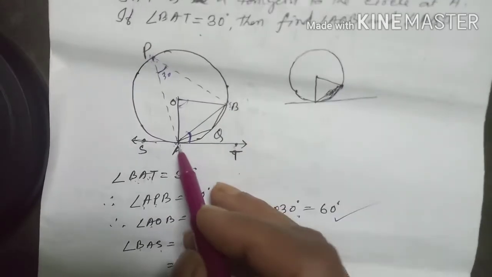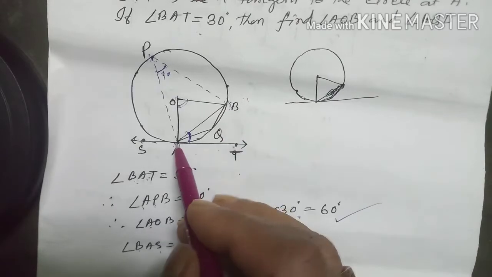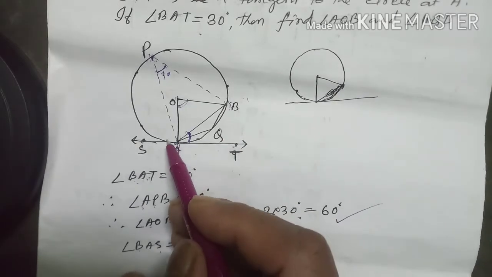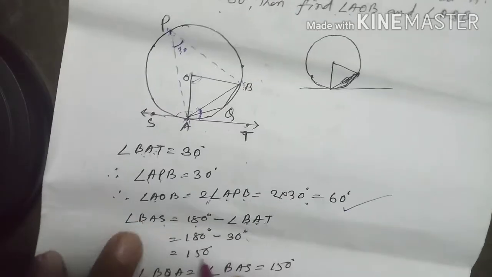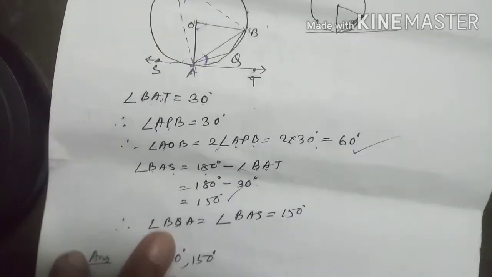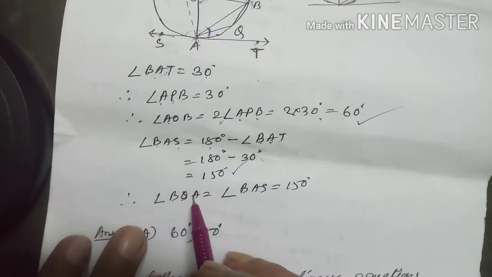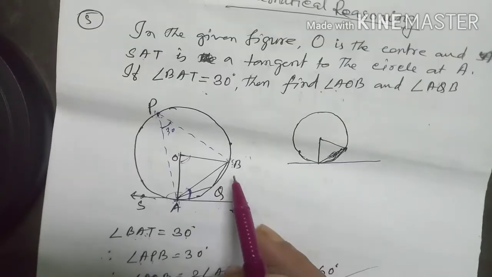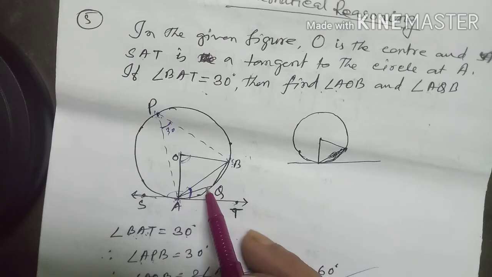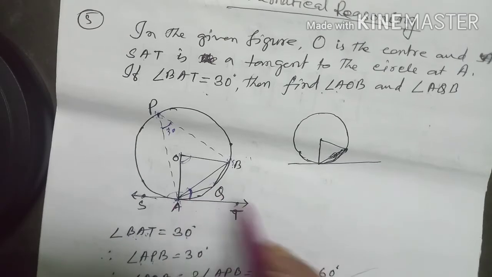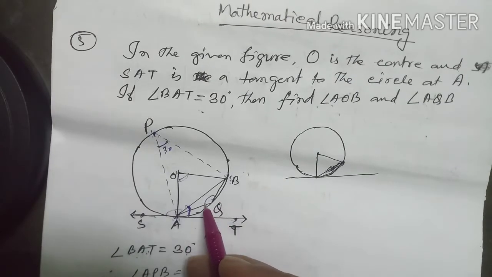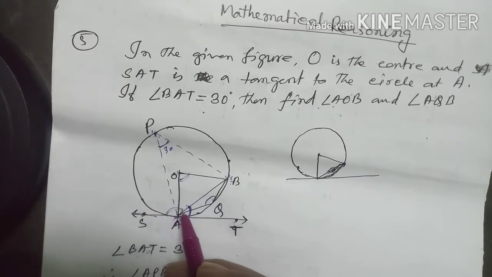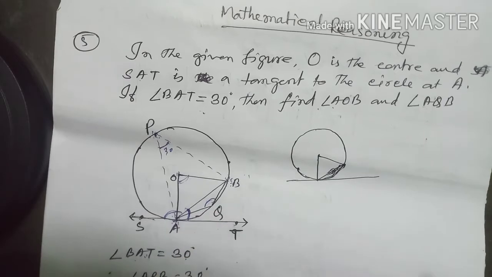BAS equal to 180 minus BAT, that means 150. So BQA equal to 150 because this angle is an alternate segment angle.